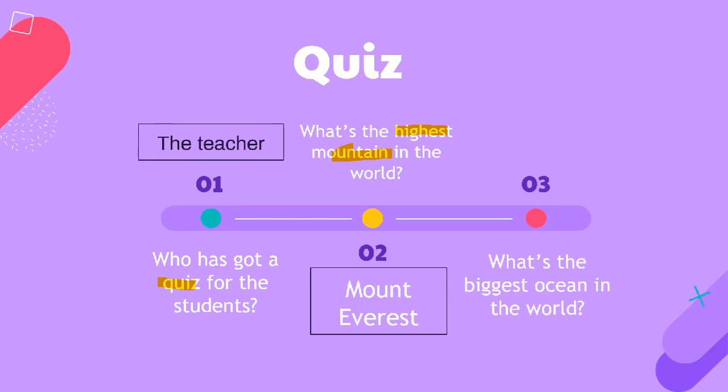Ocean means samudra. Yeah, ocean means samudra. Okay, samudra apa yang terbesar di dunia? Samudra Pacific. Yeah, Pacific Ocean. Okay, so that's great. You can answer all of the questions.